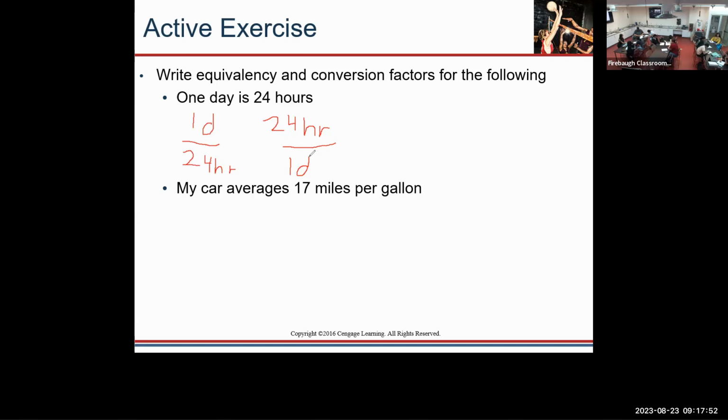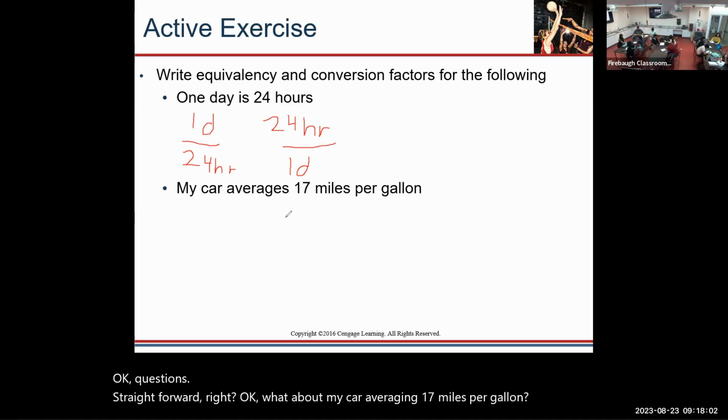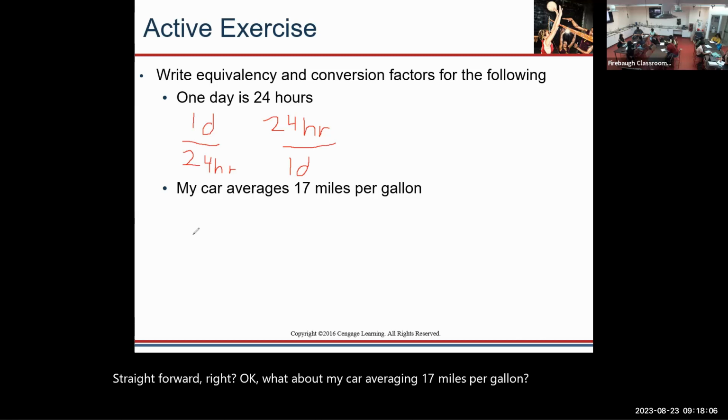Okay, questions? Straightforward, right? Okay, what about my car averaging 17 miles per gallon? I heard somebody say 17, what? 17 miles over 1 gallon.